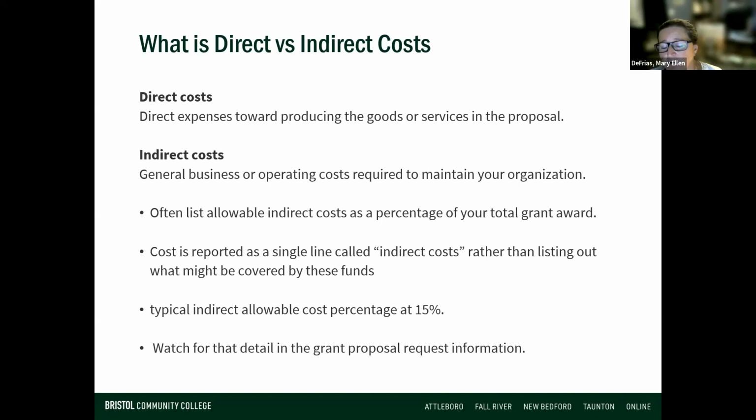So that's your rent and your utilities and your insurance, okay? I'm not sure if New Bedford 100 is allowing indirect costs in their grants. I know for some of the FRACC grants they do. But I believe they do, but it's something to keep in mind when you're doing this.